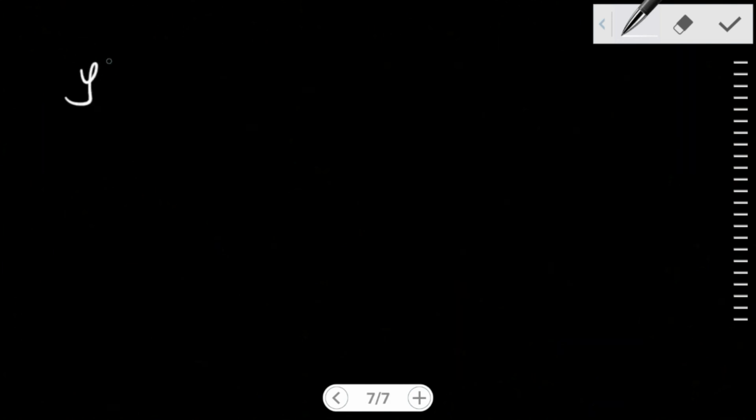y cubed plus x cubed y squared, this would be equals to 0.